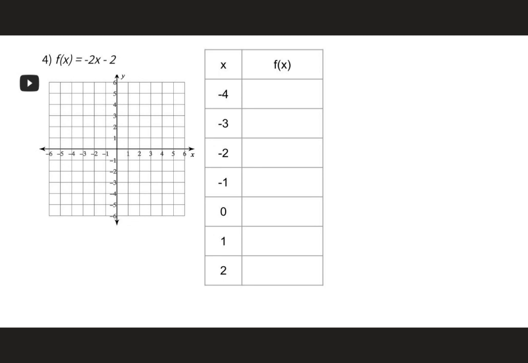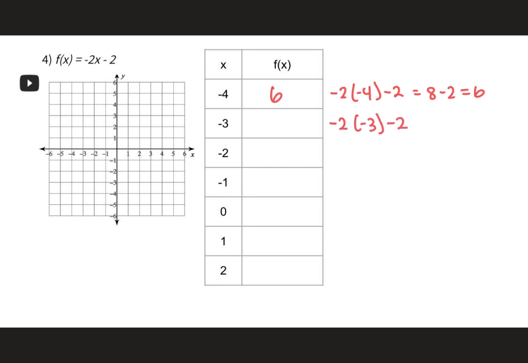All right, here's a problem from the homework. So we're graphing negative 2x minus 2. So starting with my first point, I'm going to plug in negative 4. So negative 2 times negative 4 minus 2. So negative 2 times negative 4 is 8 minus 2. That gives me 6. So there's my first point. Now I'm going to plug in negative 3.